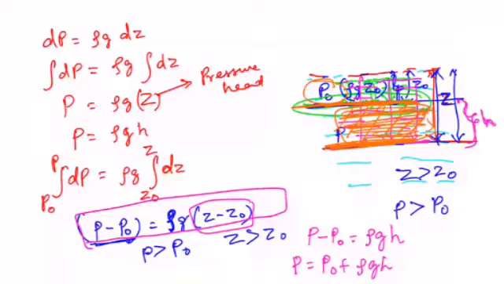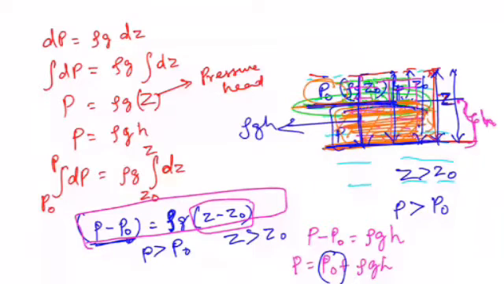Rho g h is the pressure of the liquid that is present here. Together they are imposing the pressure on this layer, and this pressure is what we get as p. So this is the equation we are getting.